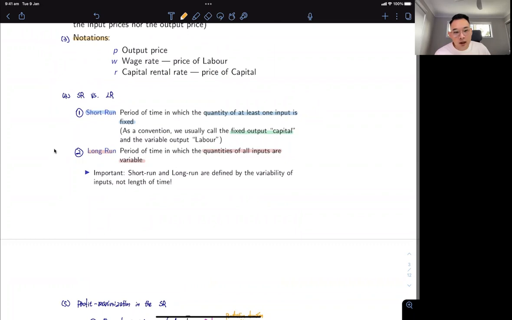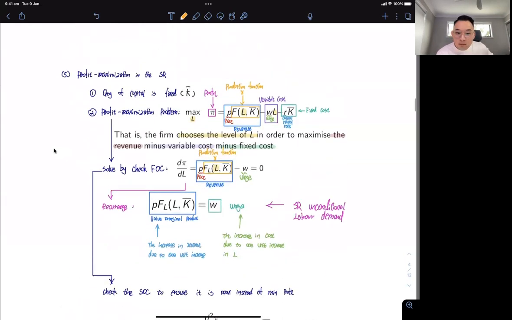In this tutorial, we will be fixing the capital. In the long run, it's the period of time in which the quantity of all inputs is variable, meaning both L can change and K can change. However, we're talking about profit maximization in the short run, which means we're fixing K. Therefore, we write it as K hat.